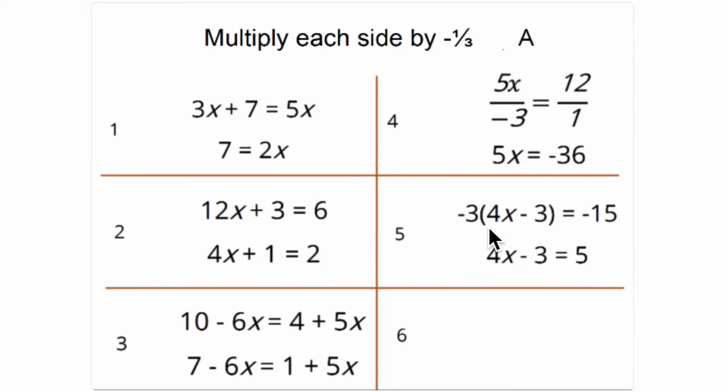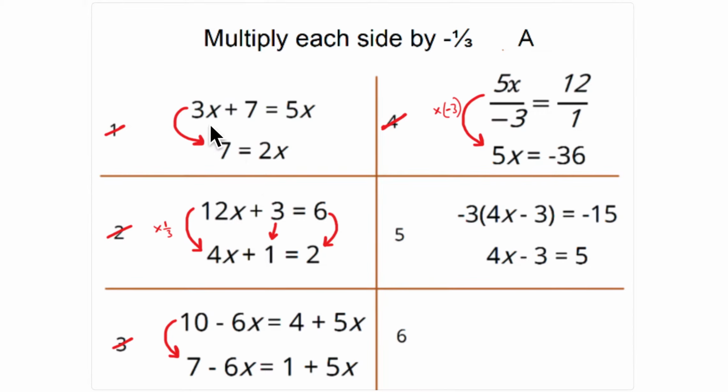Here's a -3 that's next to what's inside the parentheses, and -1/3 of -15 is in fact 5. So this is probably the correct match. You might check each one of these. Does this work? -1/3 times 3 is going to give you a -1 instead of a +1.